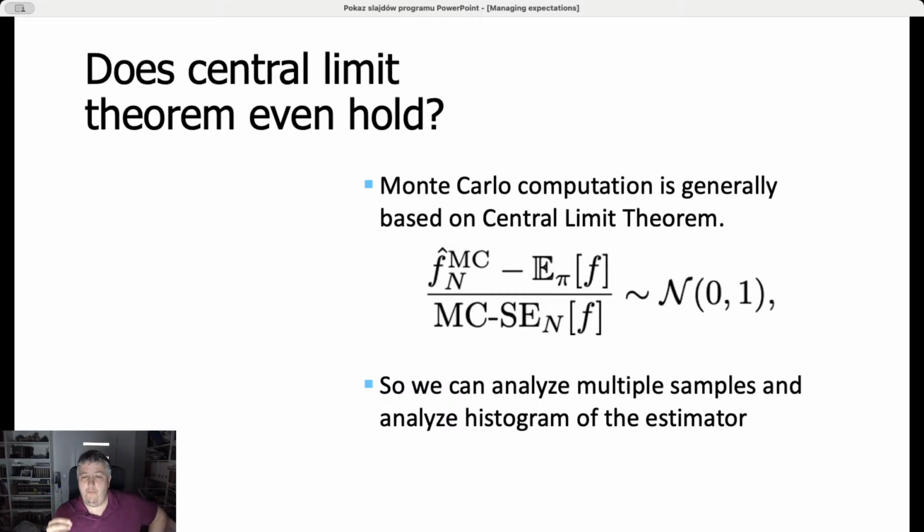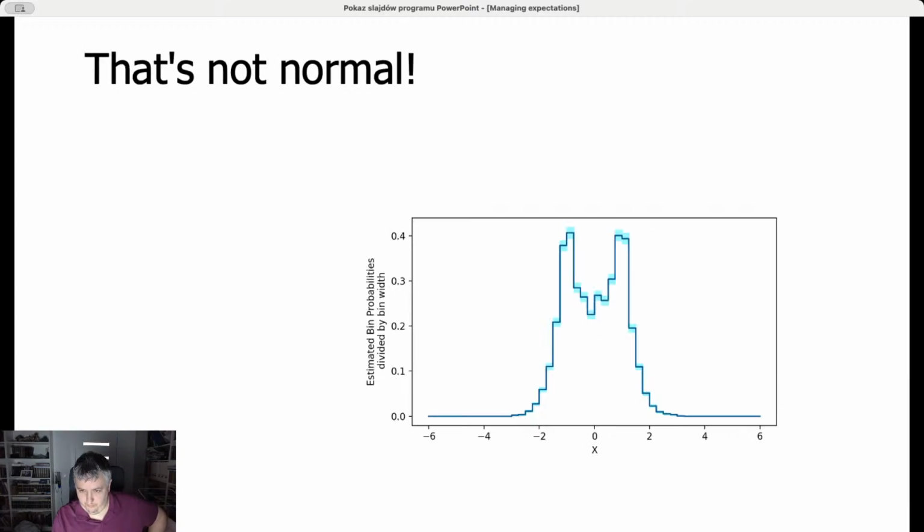So we will focus now not on the estimator, not on the actual expectation, but we will look at how the values of the estimator change under multiple samples.